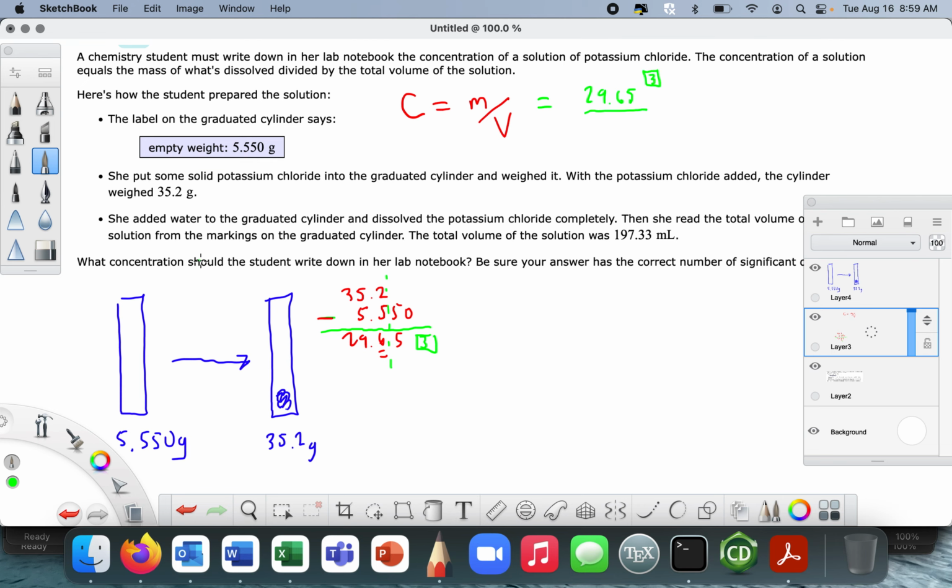Okay? Now, let's look at the volume. Okay, this is easier. The volume is equal to 197.333 mils, right? And are we supposed to write our answer in mils? Let me go back over to ALEKS.